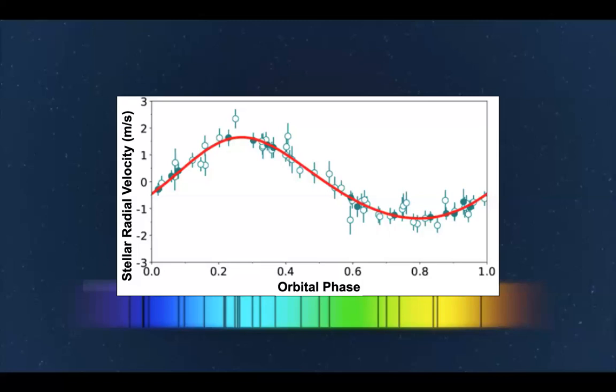We are able to measure that level of velocity change, that level of precision, and detect the masses of super Earths around red dwarfs. But if you take this same planet, and instead of sticking it around a red dwarf, you stick it around a sun-like star, you get something that looks like this.